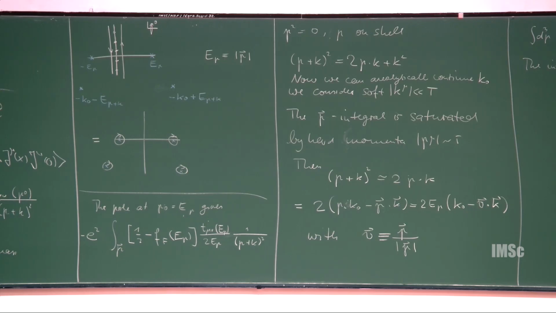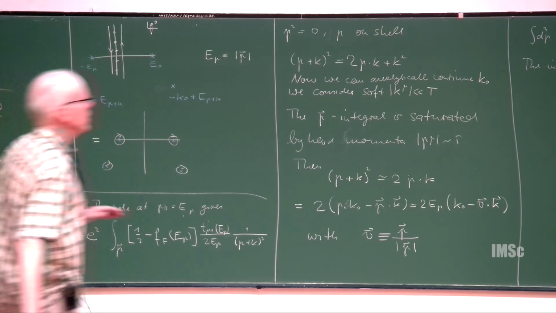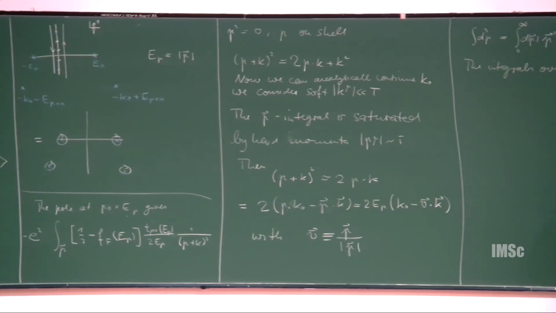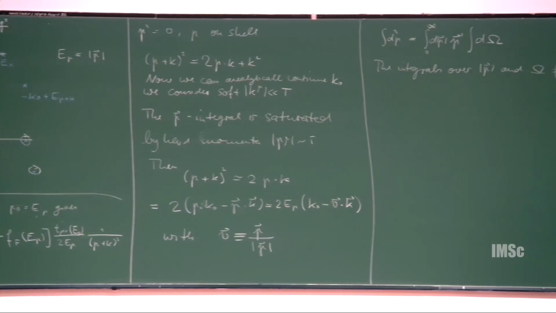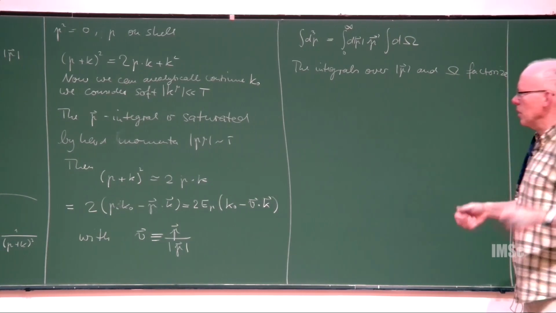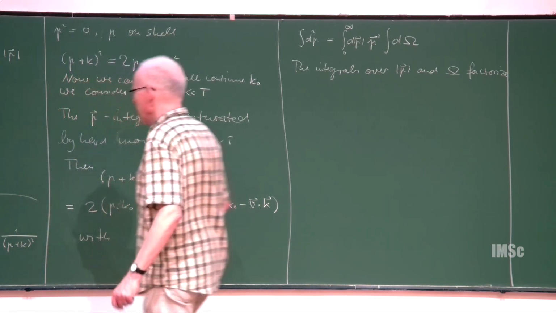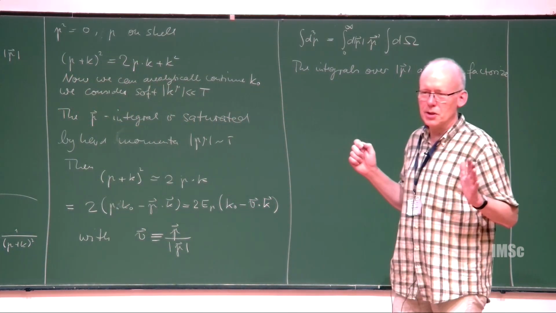But then the integral over this here becomes simple, and we can do it, and then we are left with an integral over omega. And now you have to collect all these terms, compute all these traces, and I just show you the final result.